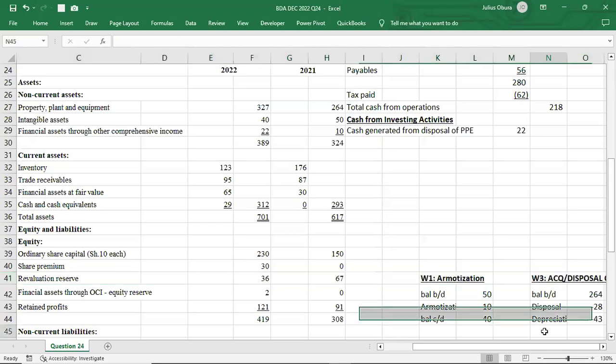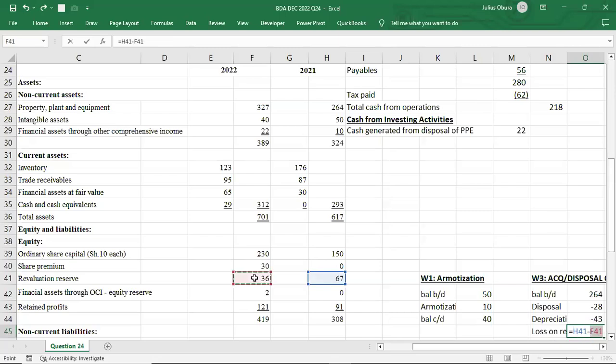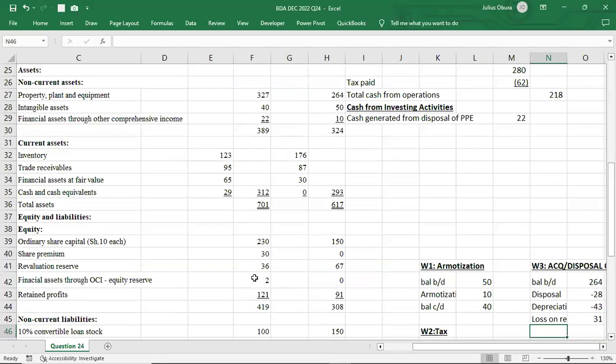So we have a loss on revaluation. This is going to be equal to 67 minus 36, and we get 31.